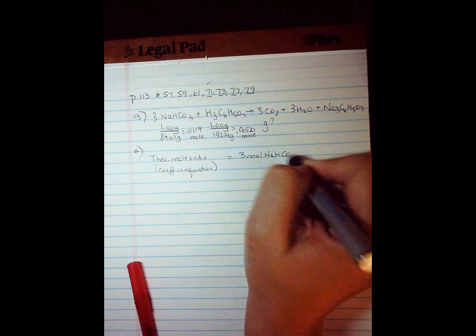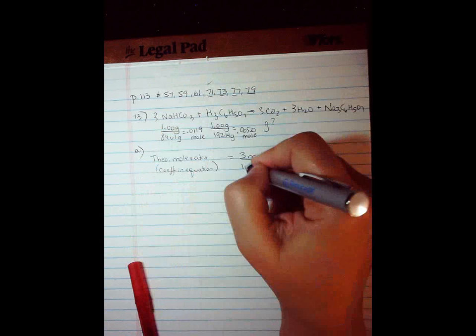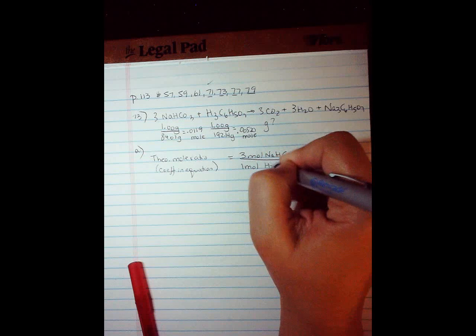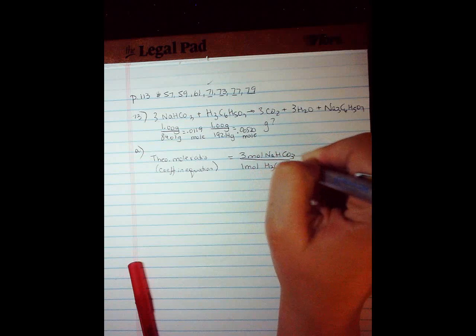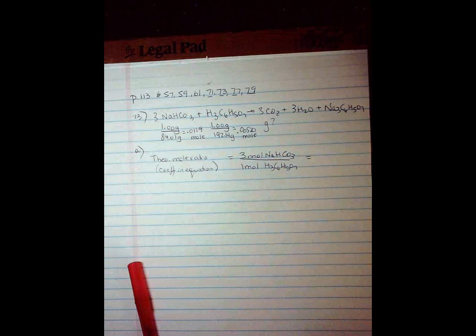This is what my recipe calls for. To combine with 1 mole of citric acid. Those are the proportions that you normally need for this reaction to occur, right? What is 3 over 1 reduced to? 3, right?